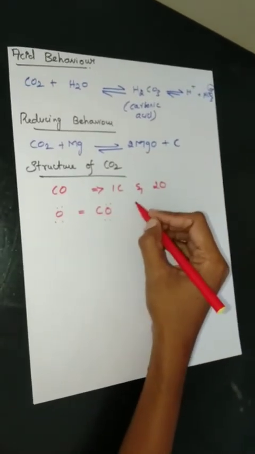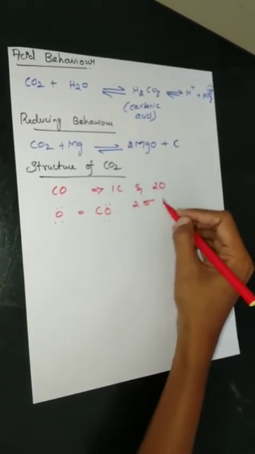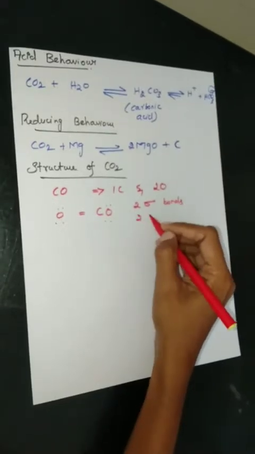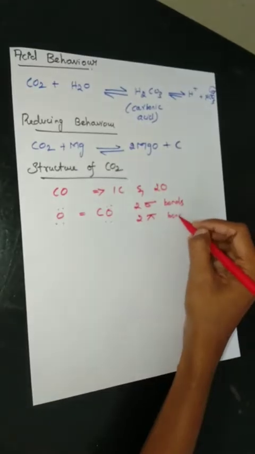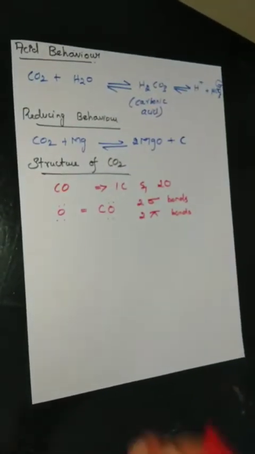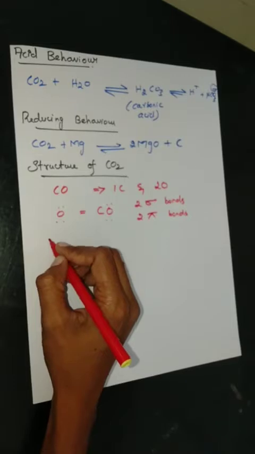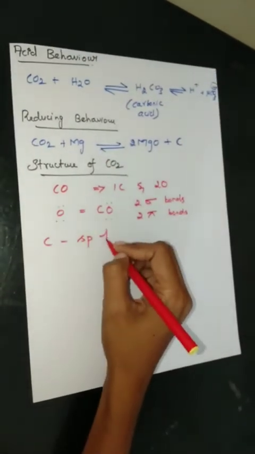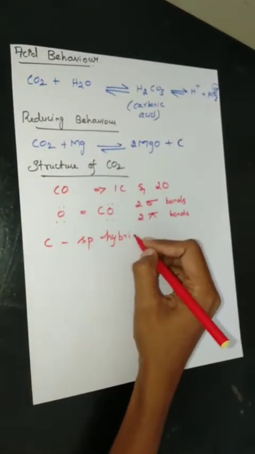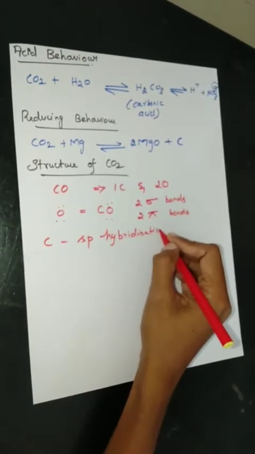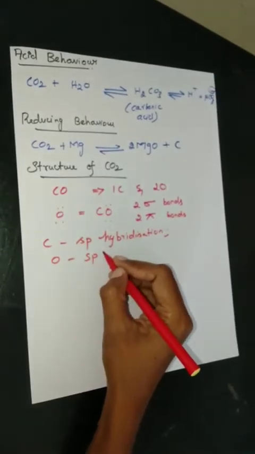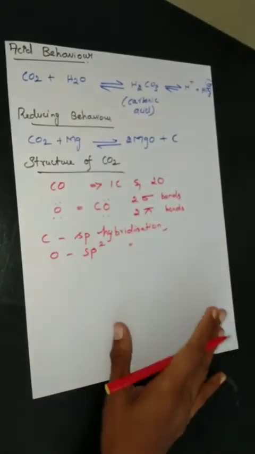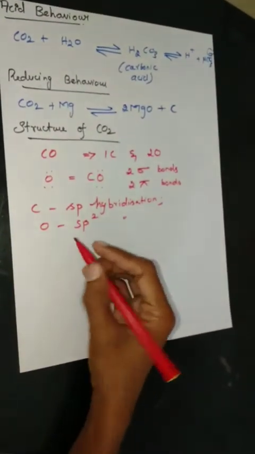There are 2 pi bonds and 2 sigma bonds. The carbon is sp hybridized and the oxygen is sp2 hybridized. Next is the structure of the molecule.